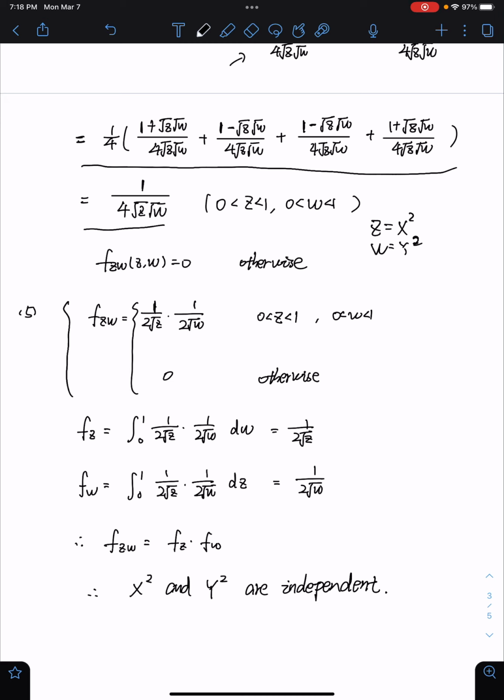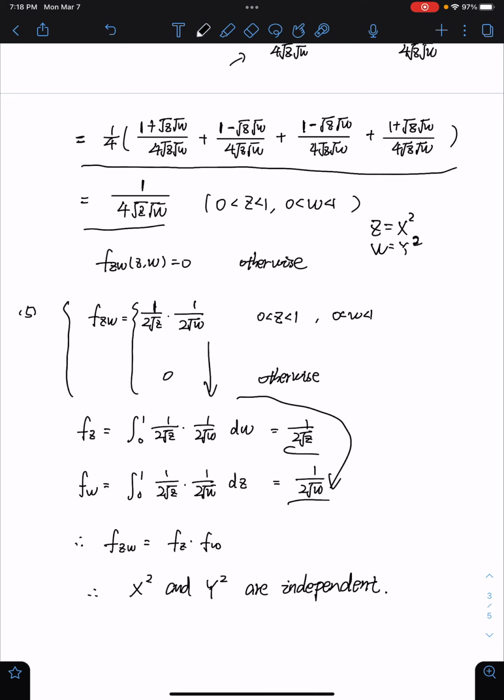Applying the integral over w, we get the distribution function of z, and applying the integral over z, we have the distribution function of w.